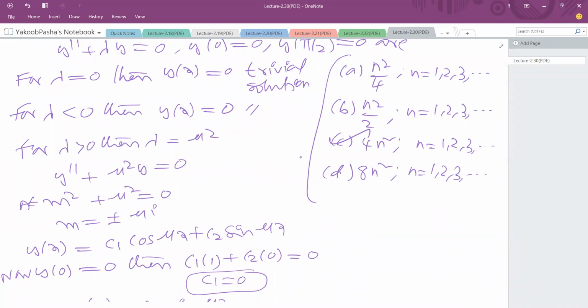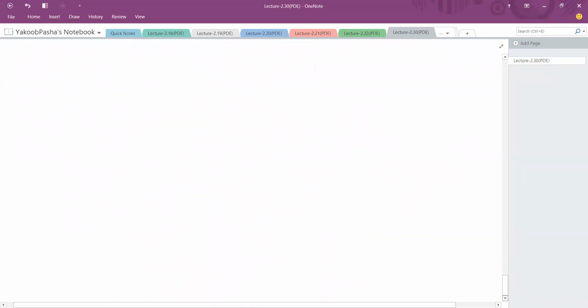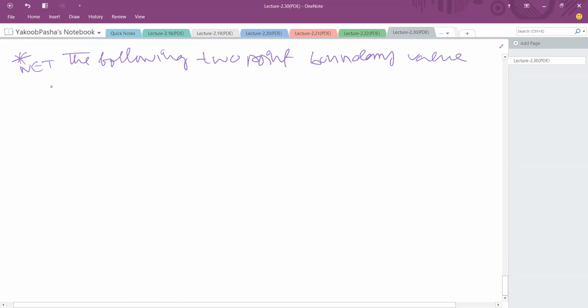From NET 2020, the following two-point boundary value problem. A two-point boundary value problem is also known as SLP, Sturm-Liouville problem.